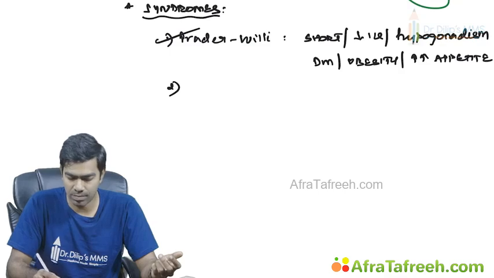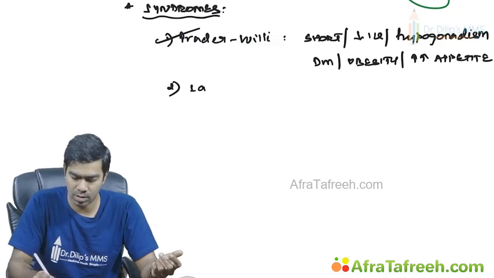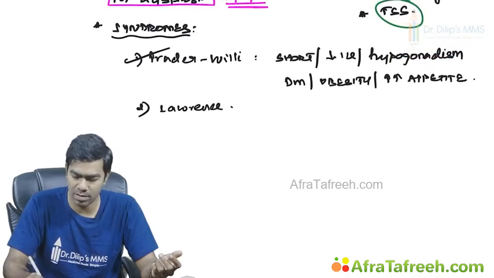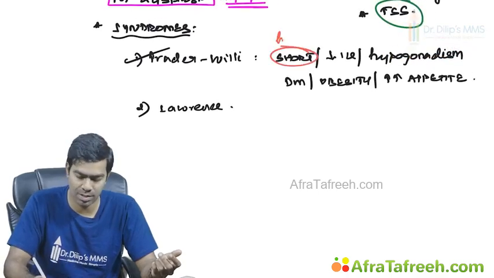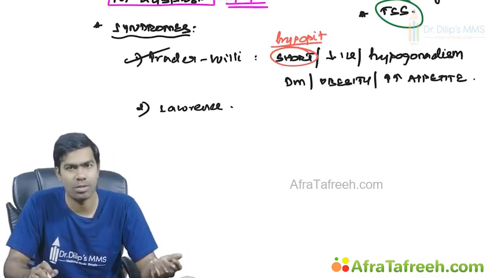So these are very important aspects of Prader-Willi syndrome. But apart from that, you can get another syndrome called Laurence-Moon-Biedl syndrome that can also have hypopituitarism. Remember, you might ask me in Prader-Willi syndrome why they are short. The explanation for why they are short is because of hypopituitarism, possibly.